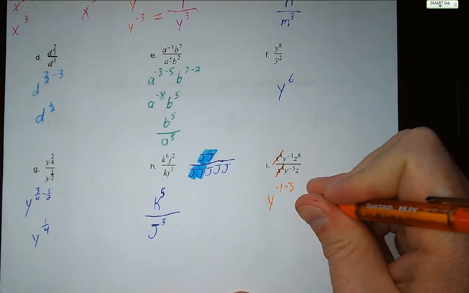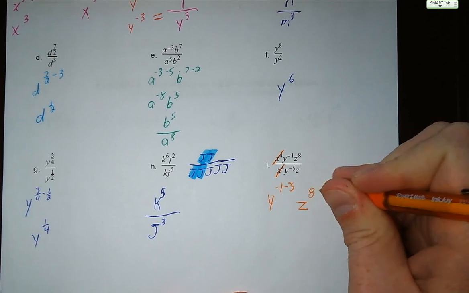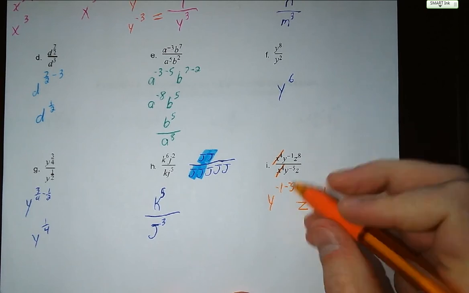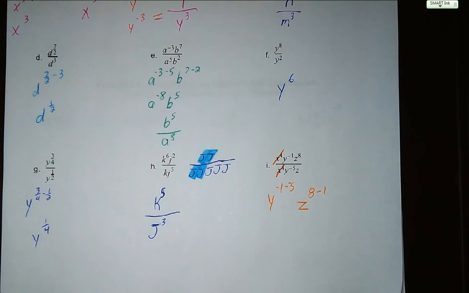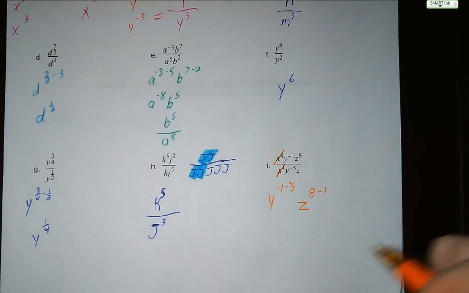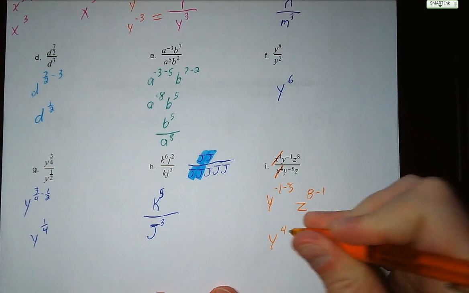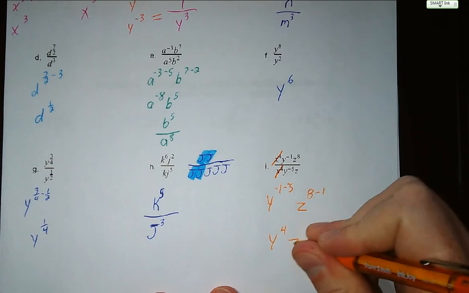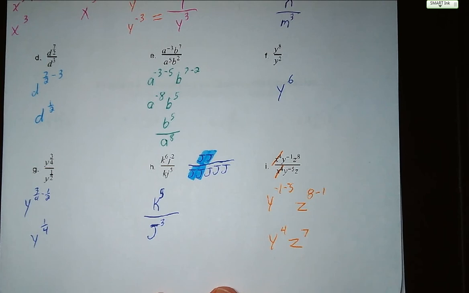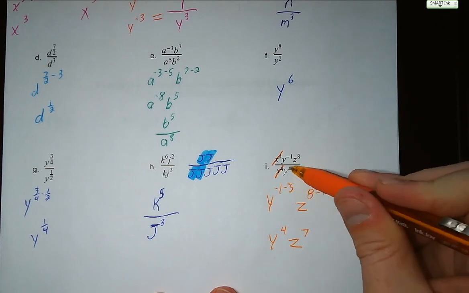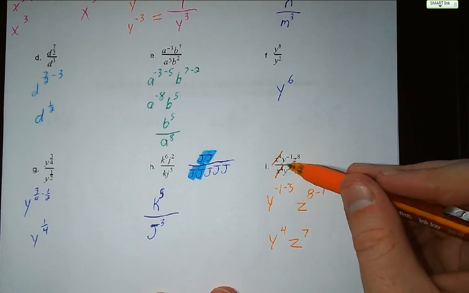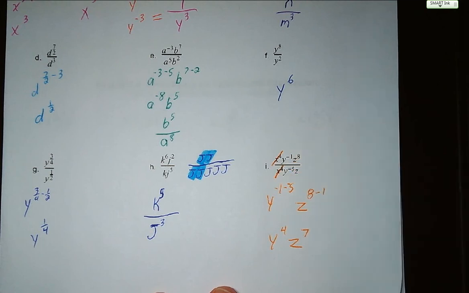And we have z to the eighth minus 1. So negative 1 minus negative 5. When we are subtracting a negative, it is the same as adding. So that's going to be y to the fourth power, z to the seventh power. So if we brought those 5 y's to the numerator, one of them is going to cancel out, and you're left with 4 y's.